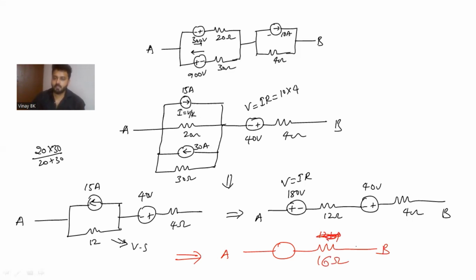Similarly, the plus minus 180 volt source has the highest magnitude, so that polarity I will write, and both voltage sources are in opposite, so I can get the difference between them. 180 minus 40 is nothing but 140. So 140 volts, 16 ohm is the final answer for this. I hope you're getting this point.